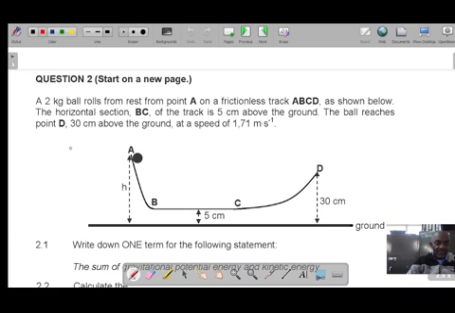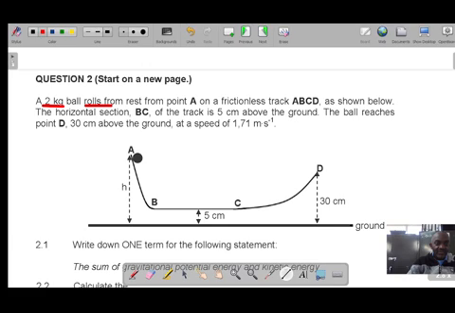Question 2 says that a 2 kilogram ball rolls from rest from point A on a frictionless track ABCD as shown below. The horizontal section BC of the track is 5 centimeters above the ground. The ball reaches point D, 30 centimeters above the ground, at a speed of 1.71 meters per second. Please read the question again, class, and underline what is important. They said a 2 kilogram ball, that's my mass, rolls from rest.